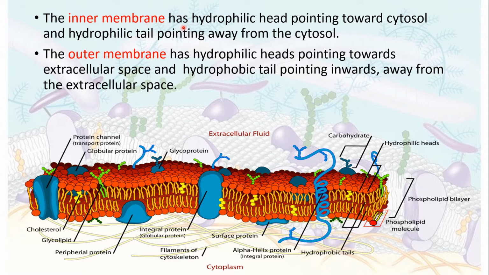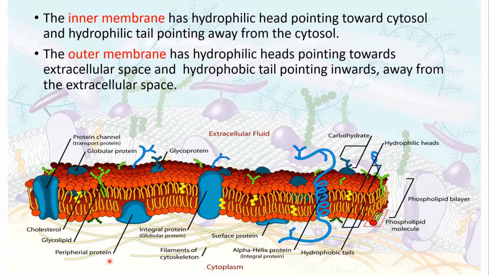The inner membrane has hydrophilic heads pointing towards the cytosol and hydrophobic tails pointing away from the cytosol. The outer membrane has hydrophilic heads pointing towards the extracellular space and hydrophobic tails pointing inwards, away from the extracellular space. I hope you understand the structure, and why it is a lipid bilayer.